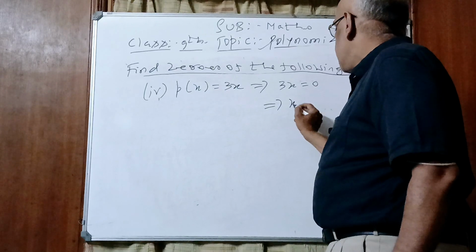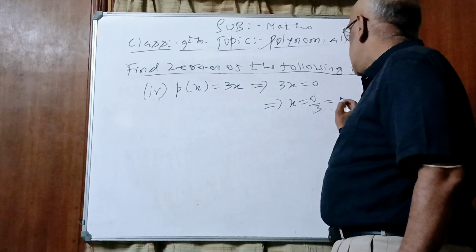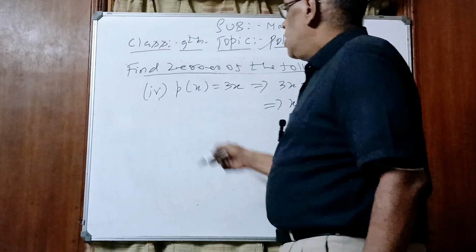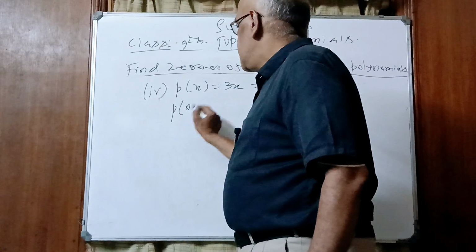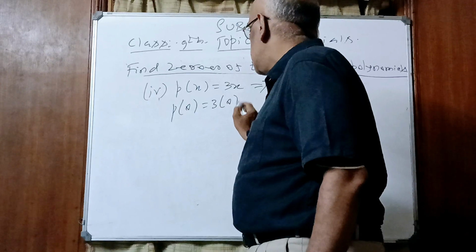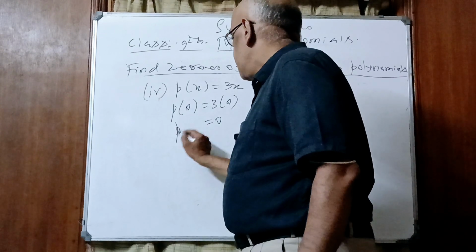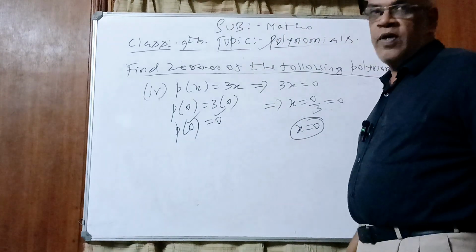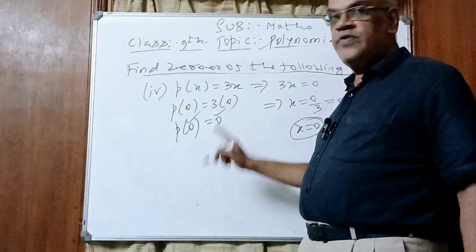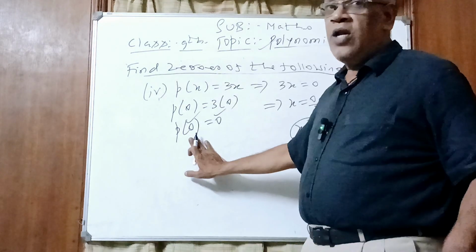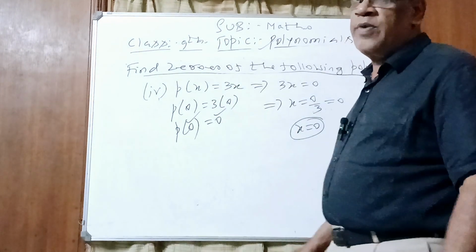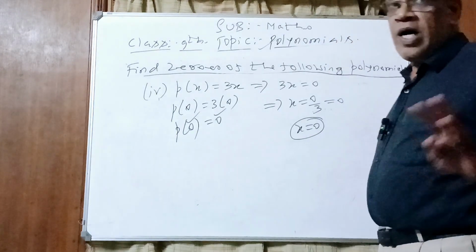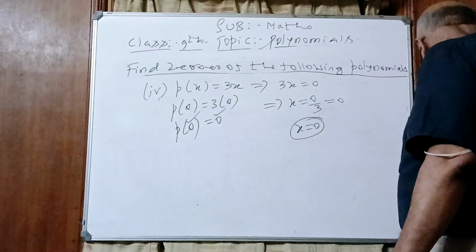What does it imply? x is equal to 0 by 3, which is 0. x is equal to 0. So, put 0 in place of x. 3 into 0 is equal to 0. Very interesting. 0 is the zero of the polynomial. What's this, children? 0 is the zero of the polynomial, but 0 always need not be the zero of the polynomial. Understood?